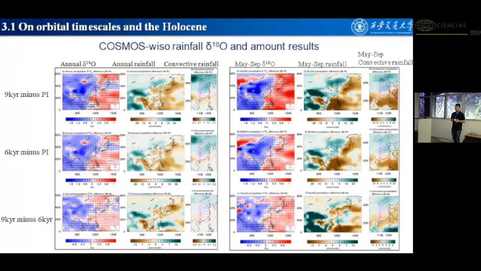So it can also explain some differences between proxies from different archives, because different proxies have seasonality bias. Pollen from lake sediments can be influenced by evaporation and by annual or summer rainfall. But speleothem δ18O is mainly influenced by the annual rainfall.